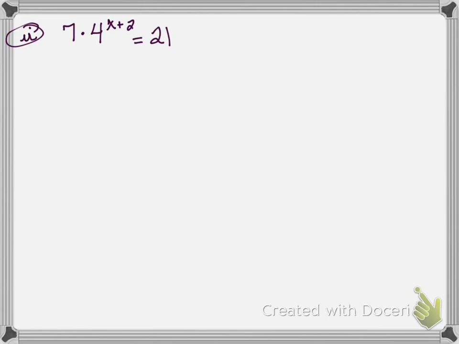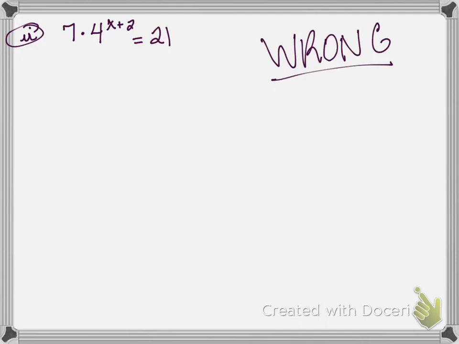Okay, now what we're going to do with this one is try to isolate as much as we can to the 4, just to see if we can rewrite it. So I've got 7 times 4 to the x plus 2 equals 21. The number one mistake, and this is wrong, is that students want to say 7 times 4 is 28, and then 28 to the x plus 2 equals 21.